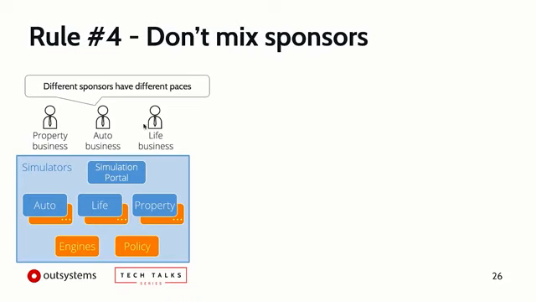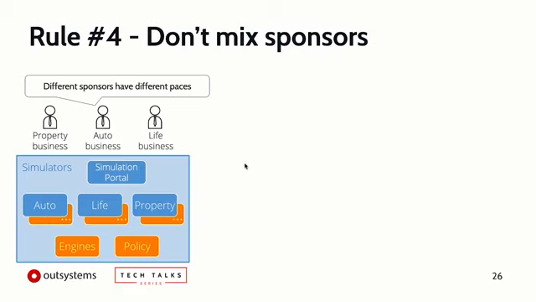The same way we don't want to mix owners, we should also not mix sponsors, because they have different demands and different paces. Let's imagine we have a portal that allows executing simulations over different insurance lines of business. If all the lines of business are under the same application, any change made to the auto business cannot be released independently from the other lines of business.